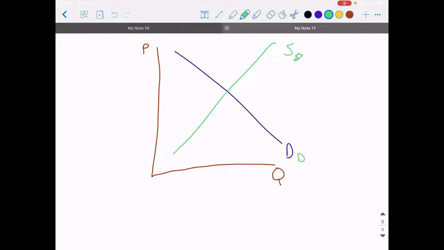So domestic supply, domestic demand. And we're saying that if the world price is up here, that area right there is going to be the amount that is exported.